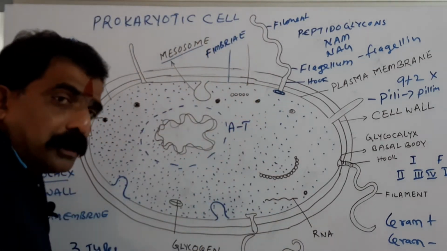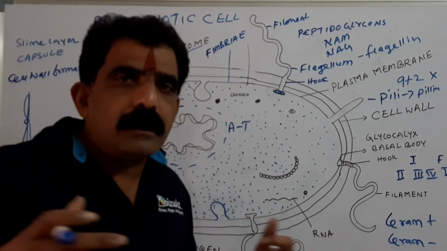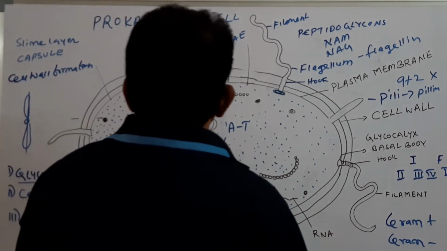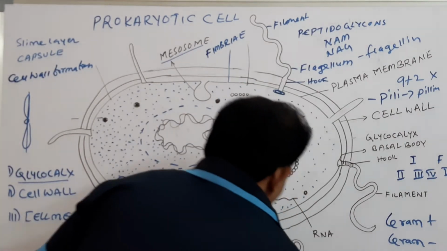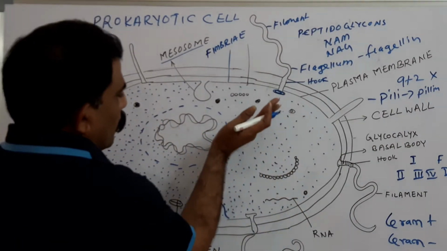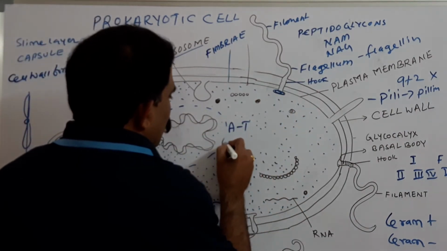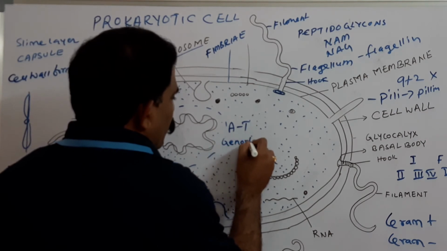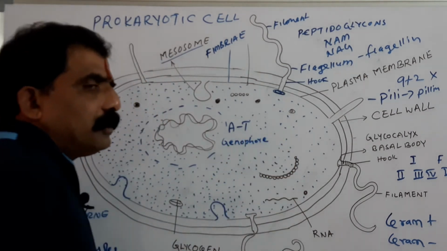This chief genetic material present in the bacteria is called genophore.